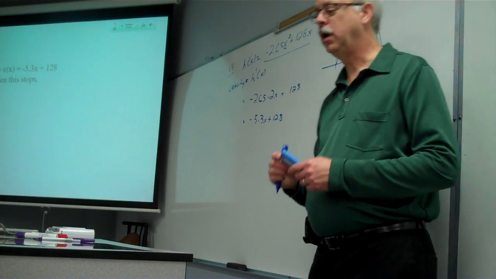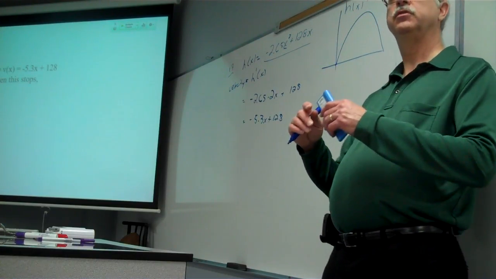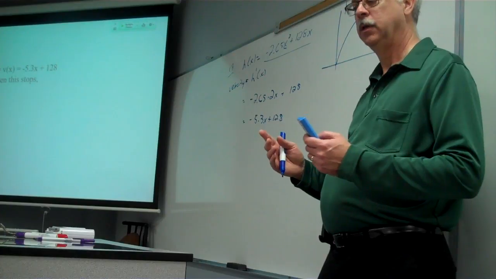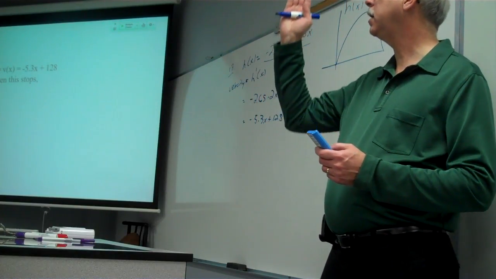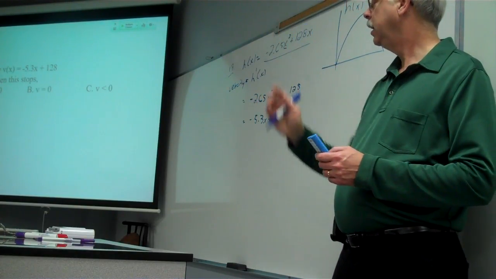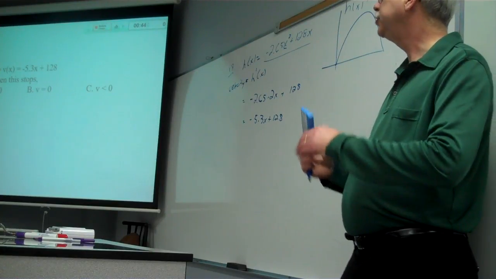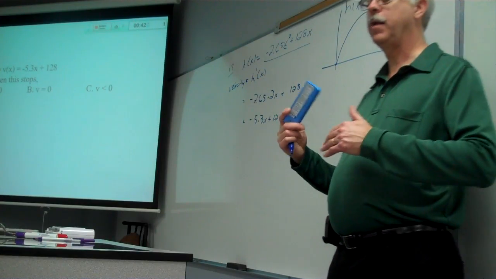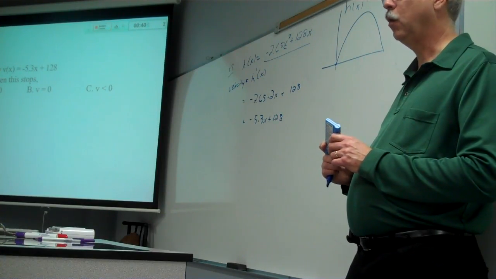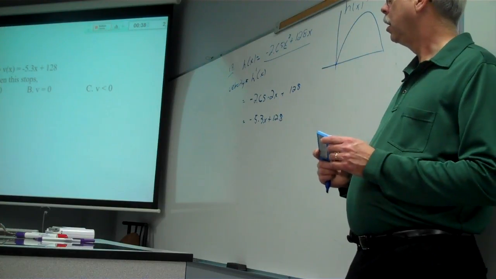The next question then is, when does this stop? Because we are going up for a while, and then we're going to stop. As we look for where it stops, what are we trying to figure out about the velocity? Are we trying to figure out where it's positive, where it's 0, or where it's negative?